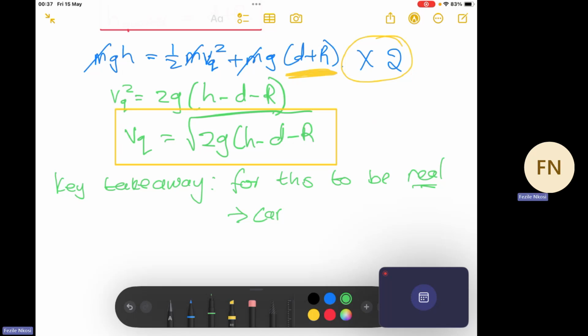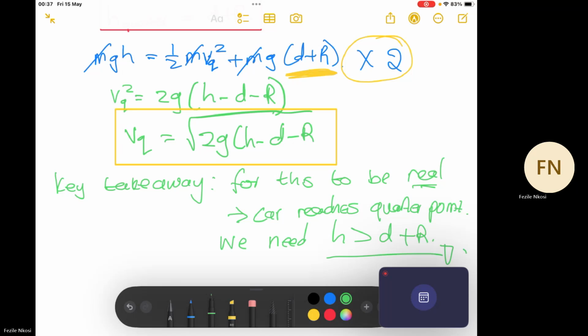For this to be real, meaning the car reaches the quarter point, right? We need h to be greater than d plus r, of course. If you look at it, I would urge you to just visit the question and confirm all these things.